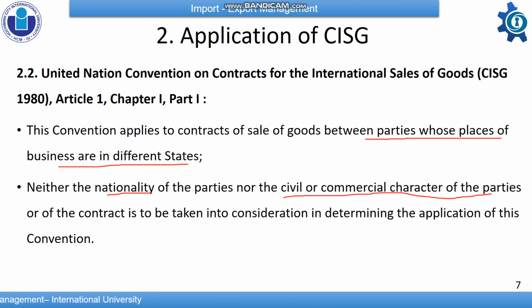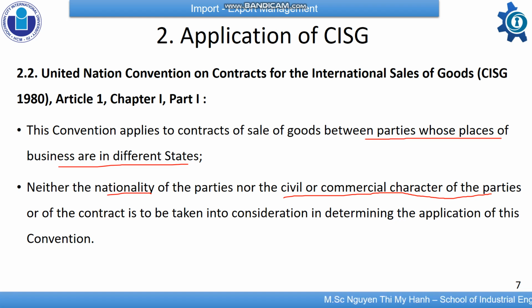So they don't consider the nationality or the civil or commercial character of the party, they only consider where the business is located. So as long as the parties are located in different states, they can apply the CISG.